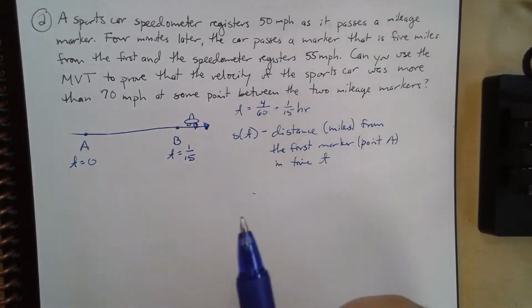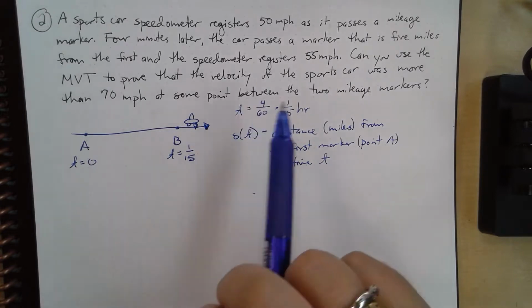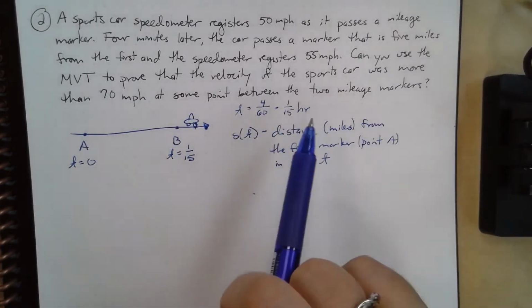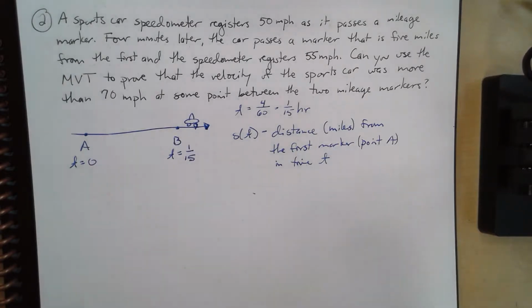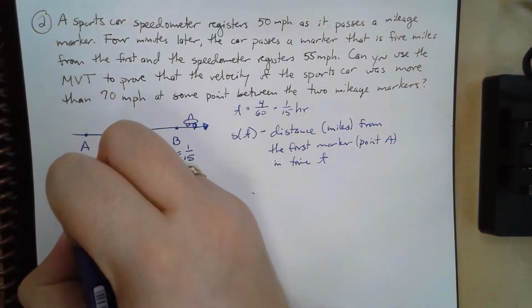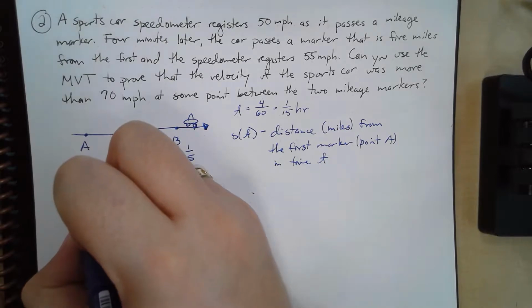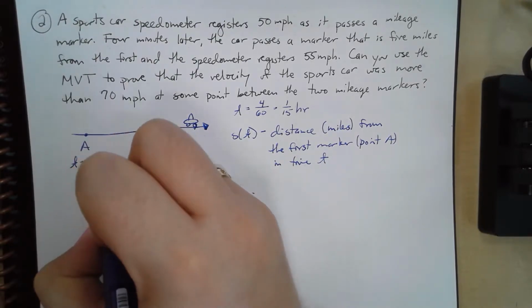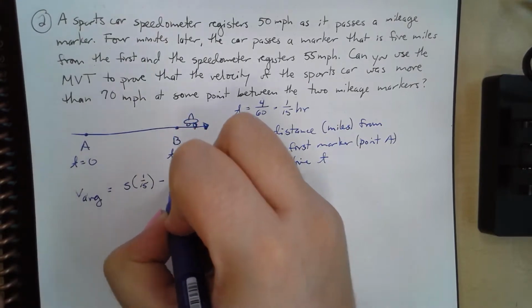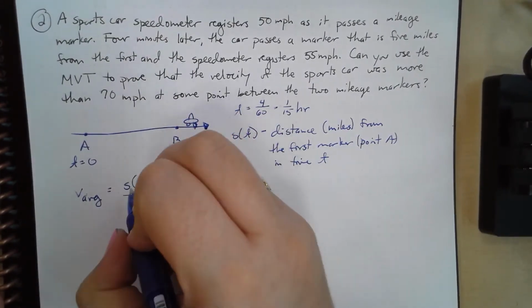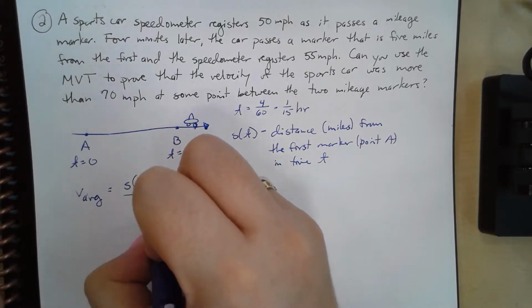So how can we prove that at some point between the two mileage markers, the velocity was more than 70 miles per hour? Well, we can take our average velocity, right? So that's going to be s of 1/15 minus s of 0 over 1/15 minus 0.